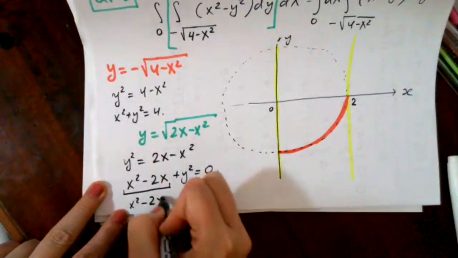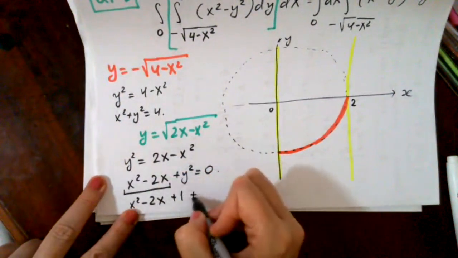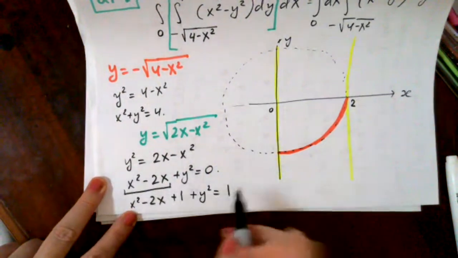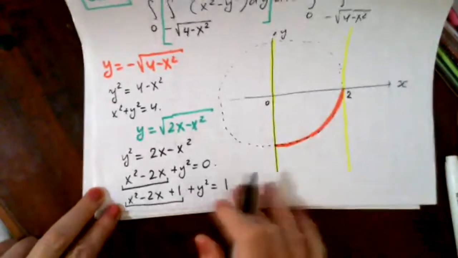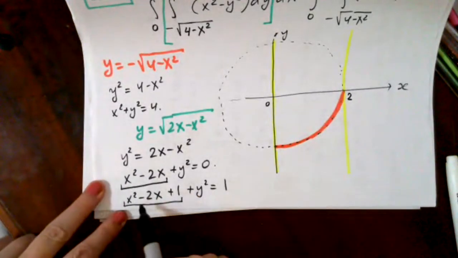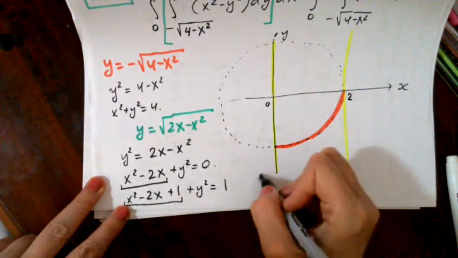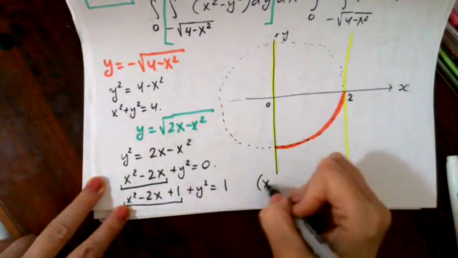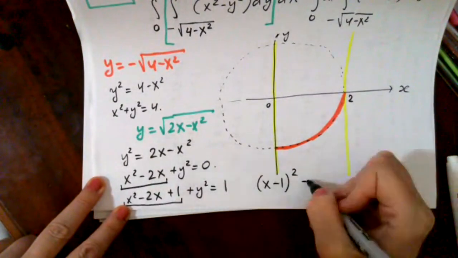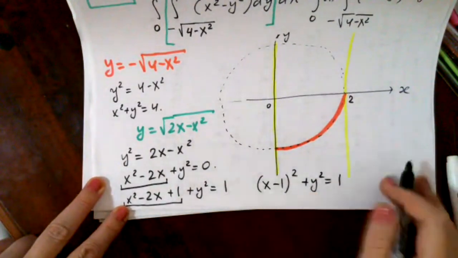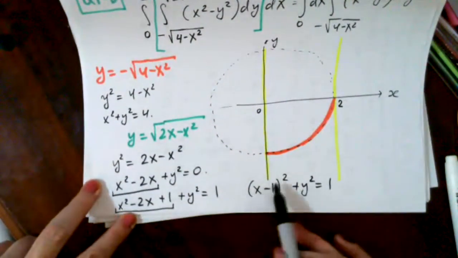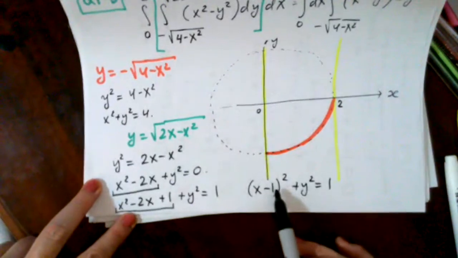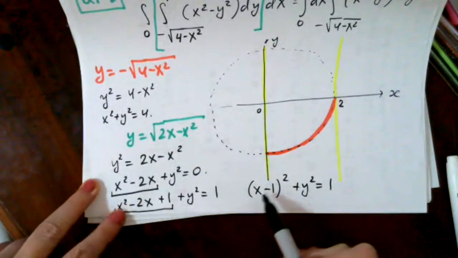Indeed, if you add one to both sides of this equation, to the left hand and to the right hand side, and if you look at this group of terms as one entity, you realize that this is a perfect square, and I can rewrite this expression as x minus 1 squared, and just copy the rest. So it's another circle, but it was more difficult because this circle has its center a little bit shifted.